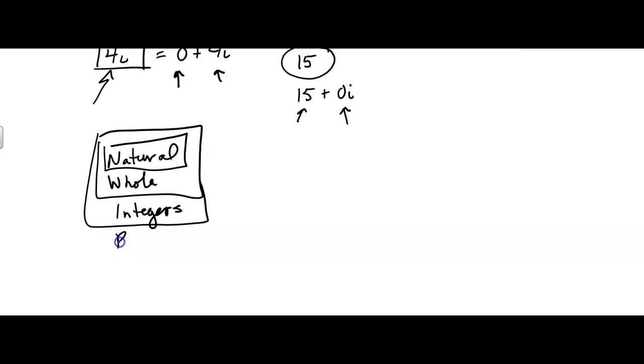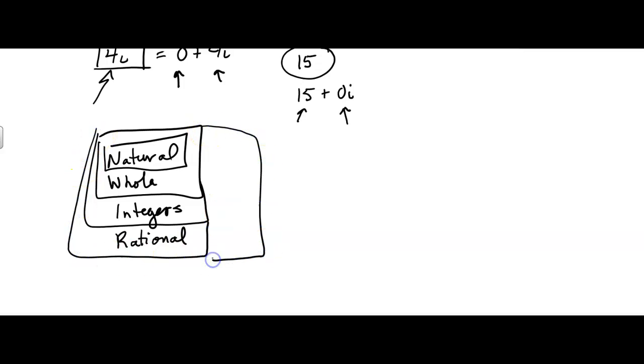And then we had rational numbers, and all integers were rational numbers. And then we had a set over here that were the irrational numbers. And we said all of those are real numbers. That whole set is the real numbers. You take all the rationals plus the irrationals, and you get the set of real numbers.